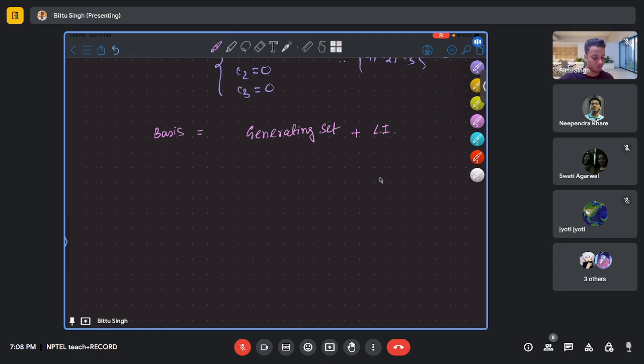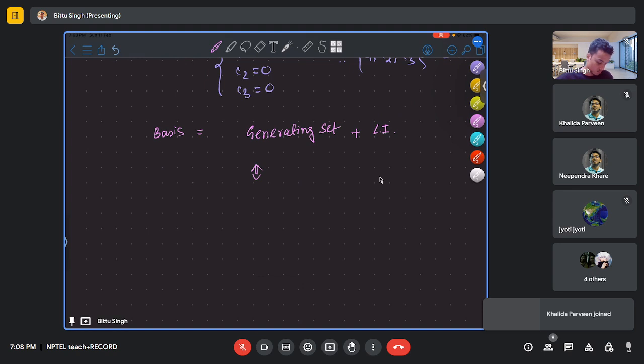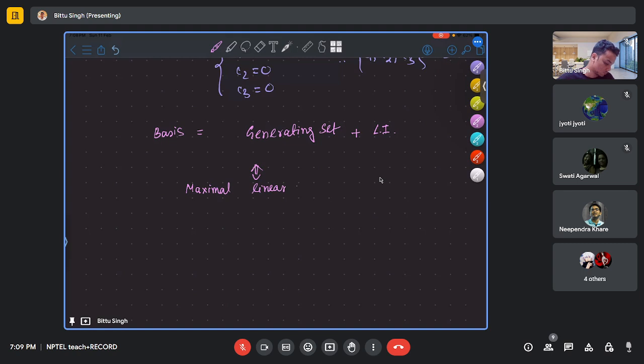This condition is equivalent to saying it is a maximal linearly independent set.